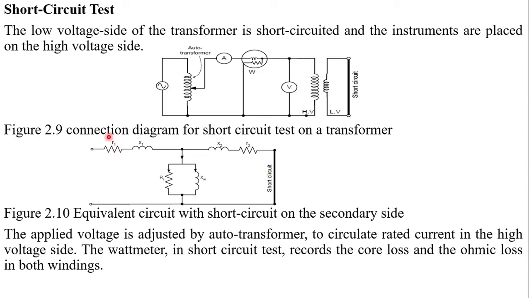Here is the primary resistance of the transformer, here is the primary reactance, here are the shunt parameters, which are the core loss resistance and magnetizing reactance, while here is the secondary reactance, and R2 is the secondary resistance. The applied voltage is adjusted by the auto transformer to circulate rated current in the high voltage side. The wattmeter in the short circuit test records the core loss and ohmic loss in both windings.